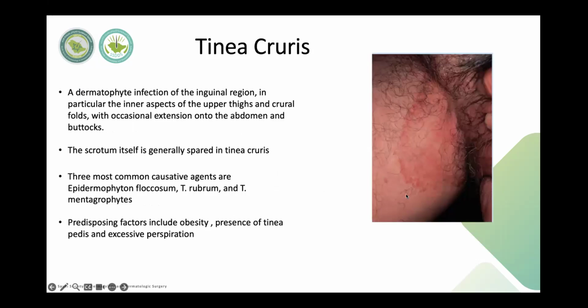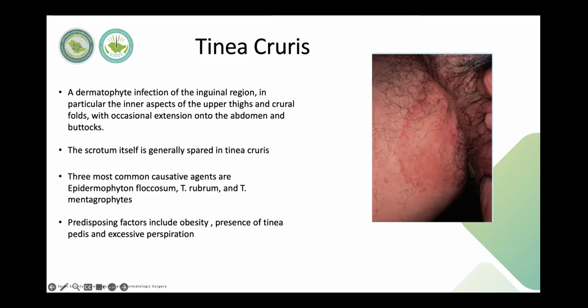Tinea cruris is the same as tinea corporis, but it usually affects the inguinal region and inner aspect of the upper thigh, usually sparing the scrotal area. Again, it has the same treatment, but there are a lot of predisposing factors, which include humidity in this area, so obesity and excessive perspiration.